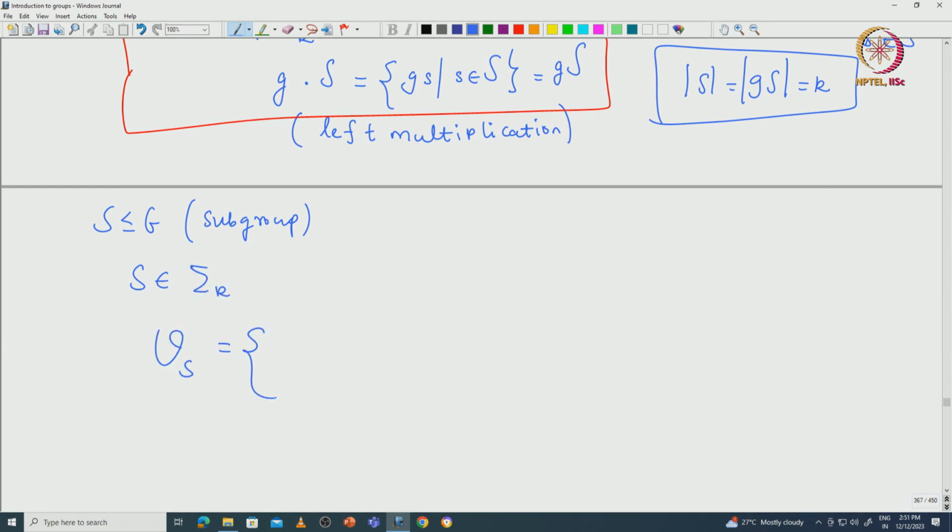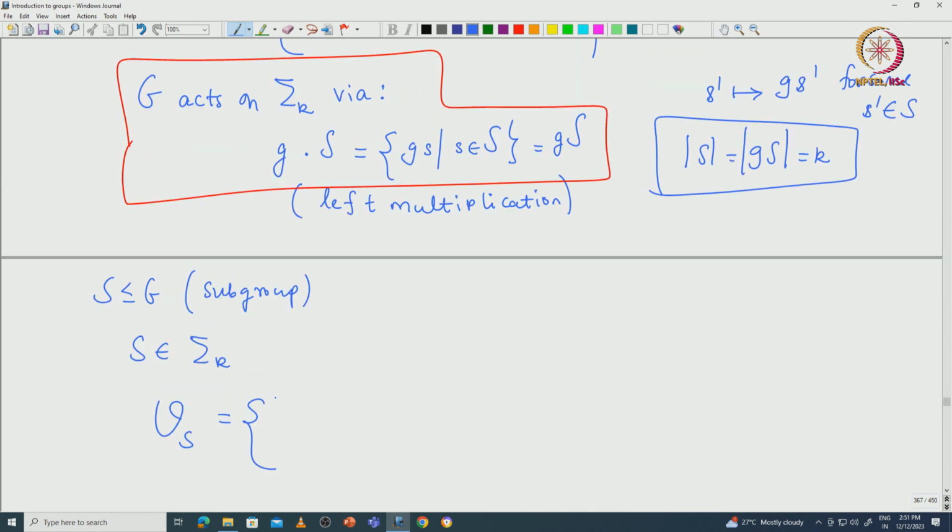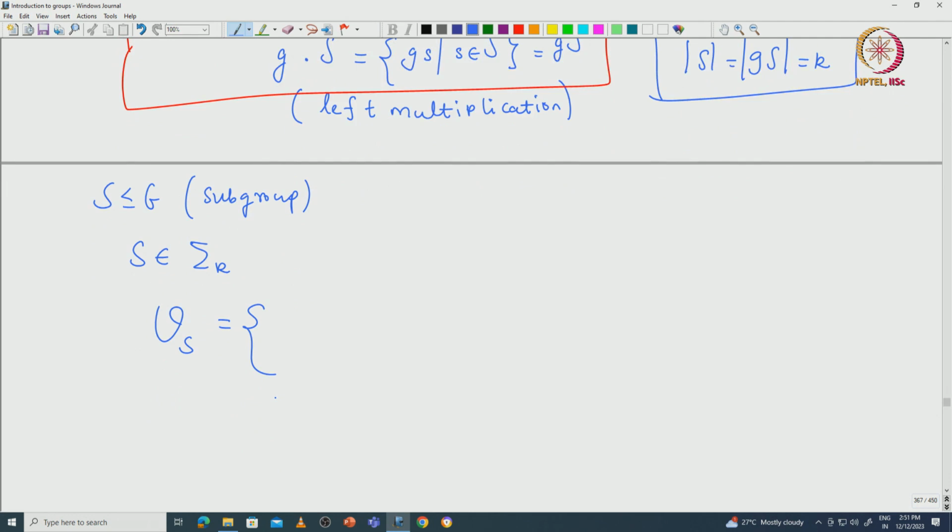The orbit by definition is all the images of this S under this action of capital G. So that means this is just gS where g is in capital G. This is nothing but all the left cosets of this capital S inside G. So this is exactly G mod S, which is sitting inside sigma k. So for S a subgroup, we have the orbit being exactly G mod S.